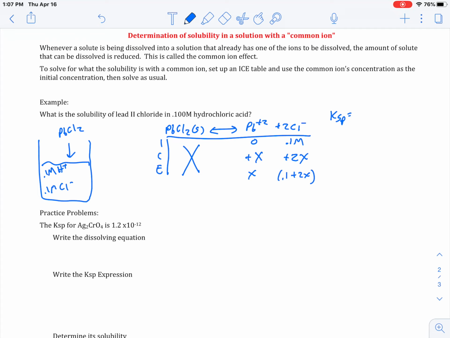Okay, so the KSP for lead chloride is 1.6 times 10 to the negative fifth. All right, so our equilibrium expression is going to be the KSP is equal to quantity X times quantity 0.1 plus 2X, and the chloride will be squared. So X is the solubility. Let's go ahead and solve for that.